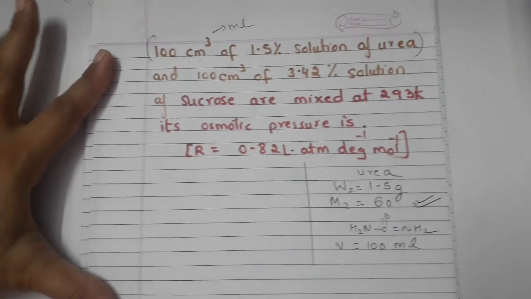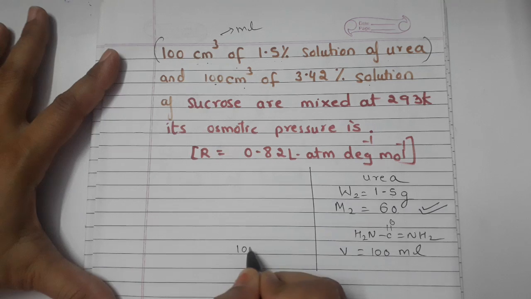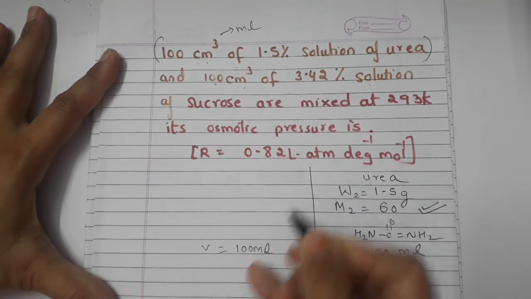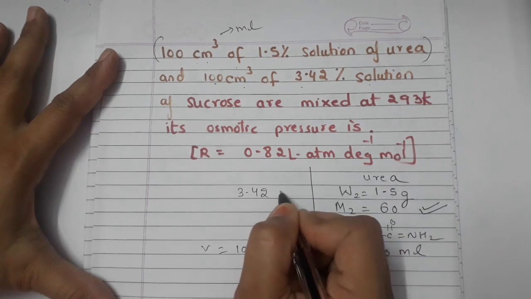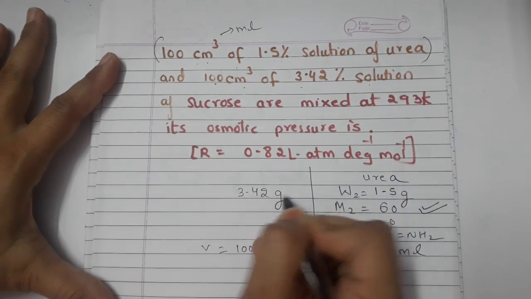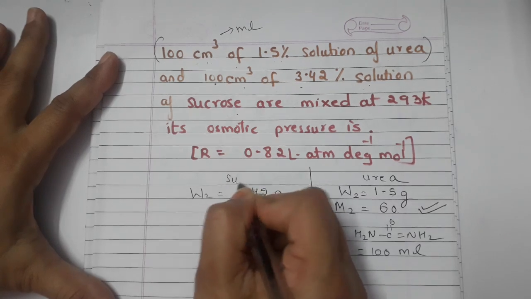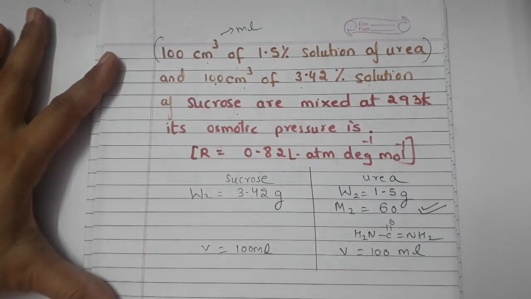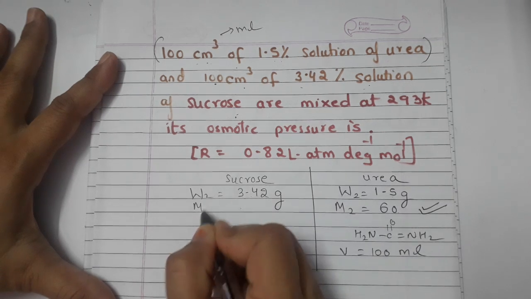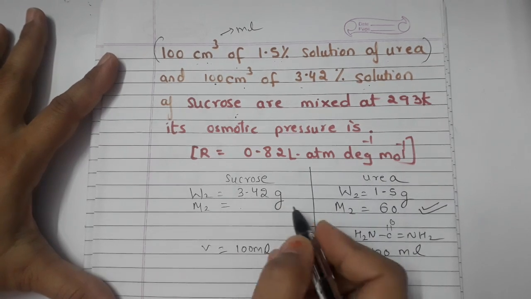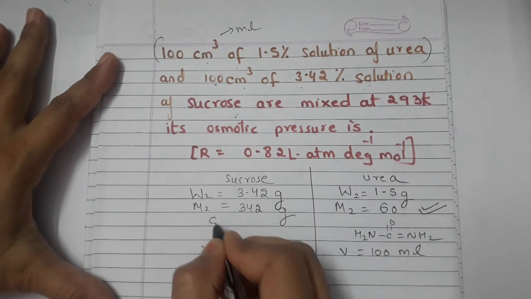On that side, I am going to write the information about 100 ml, so this is also 100 ml, of 3.42 percent, which means 3.42 grams of sucrose. So here is the information of sucrose given. I wrote sucrose and 3.42, and definitely I'll write the molecular mass of sucrose also. It is 342 grams.